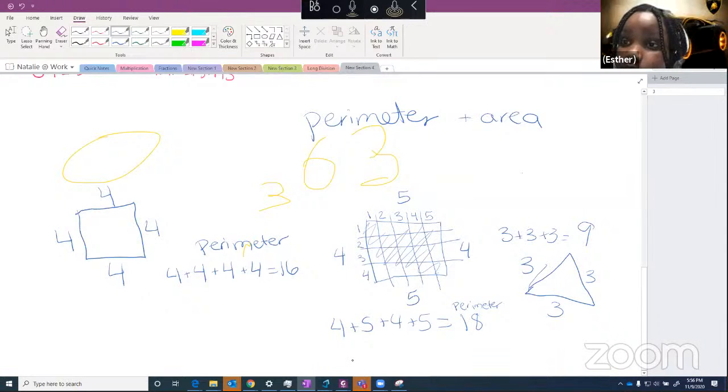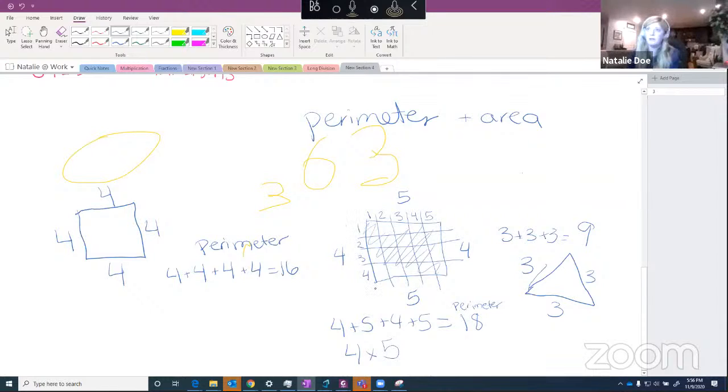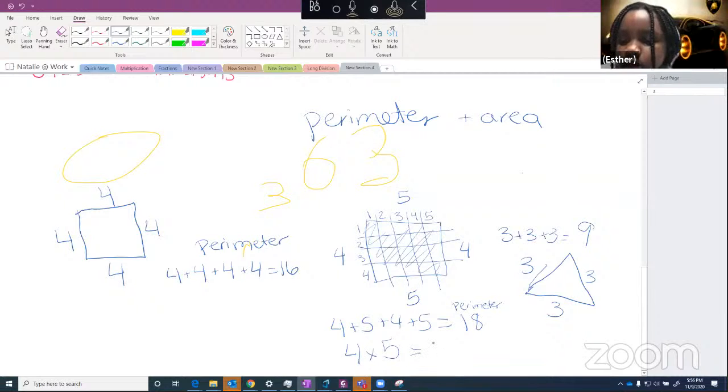The way you calculate area is you take one side times the other side. So I've got 4 here and I've got 5 here. So my area is 4 times 5. So what's 4 times 5, guys? 4 times 5 is 20.